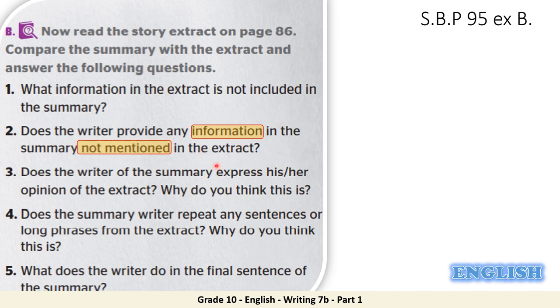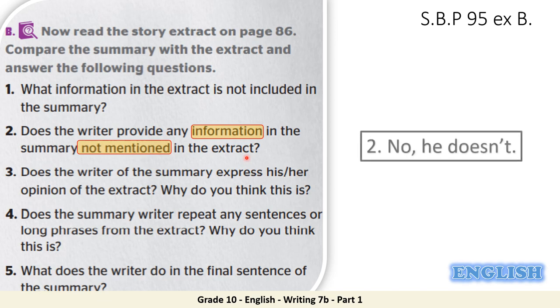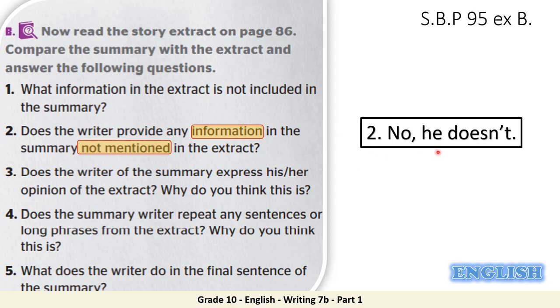Does the writer add more information about the story which is not mentioned in the extract? Please think of the answer. That's correct. The answer is no, he doesn't. So, when we write a summary of a story, we don't add any information which is not mentioned in the extract of this story.